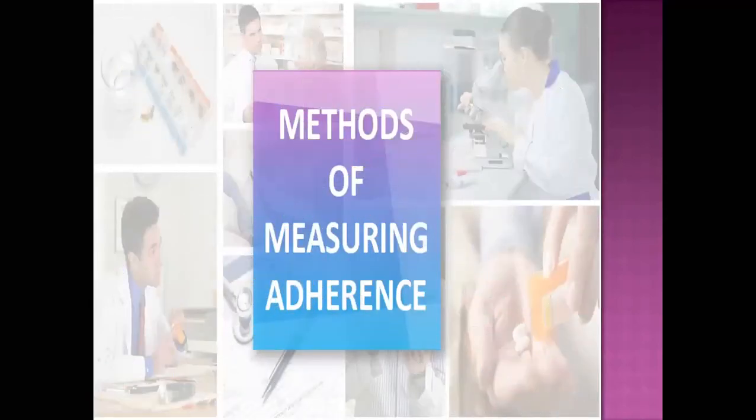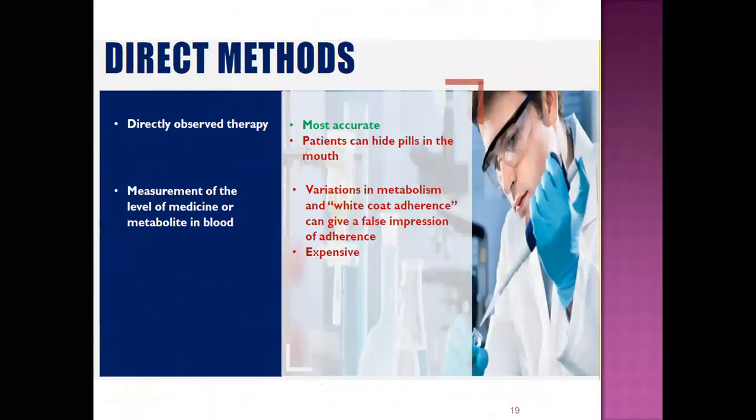Second, some methods of measuring adherence. There are four or five types of methods to measure medication adherence. First are direct methods and indirect methods. In direct methods, there are two methods. First is directly observed therapy.